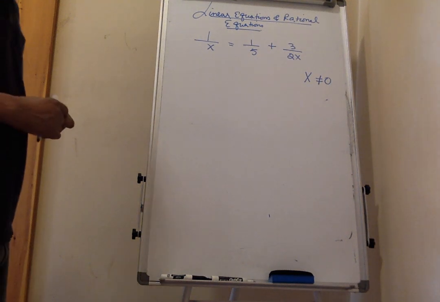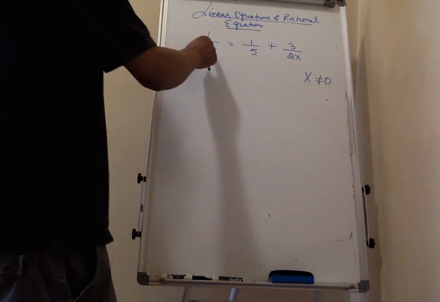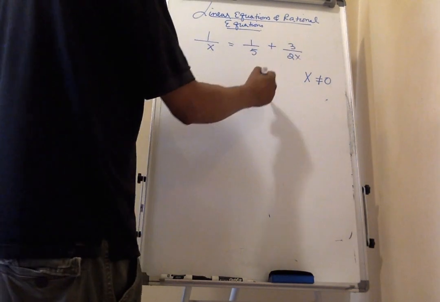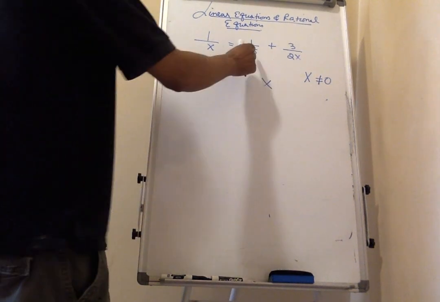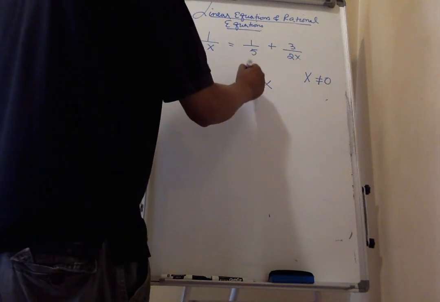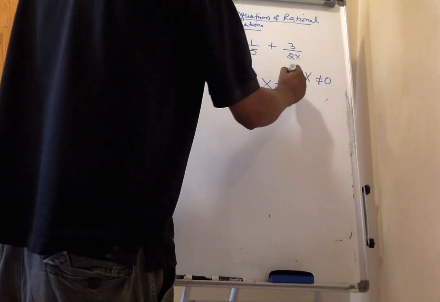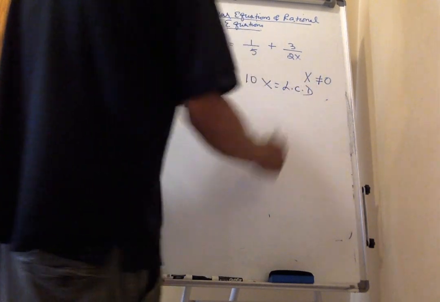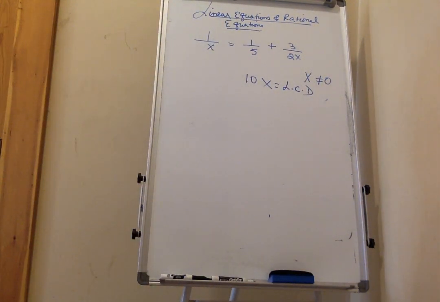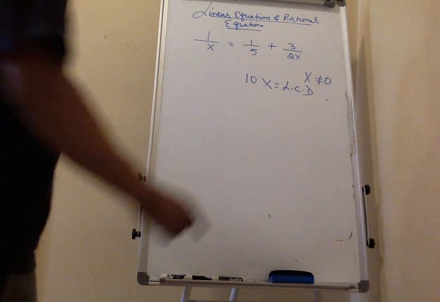The next step that we're going to do would be to find the least common denominator. The least common denominator between x and x is x. But we have 5 and 2, so just multiply both of them, so you have 10x. This is your least common denominator, 10x. So we're going to do the same thing that we did earlier.